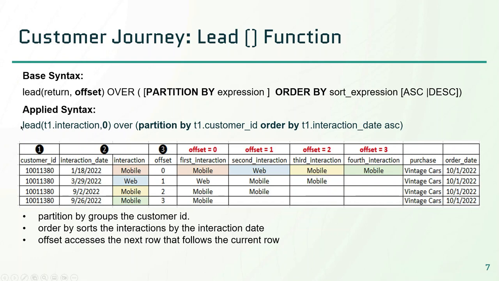For example, we'll have a lead on interaction with a 0, which we'll refer to as the first interaction. Then we'll also have a lead function where it's 1, and that'll be the second interaction, and we'll have one for third and fourth, and so on and so forth. So why don't we go ahead and jump right into the code, and we'll work through that.